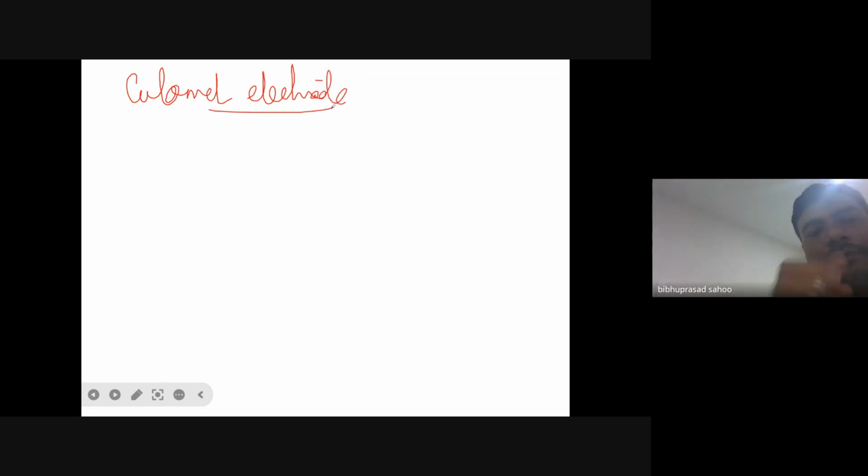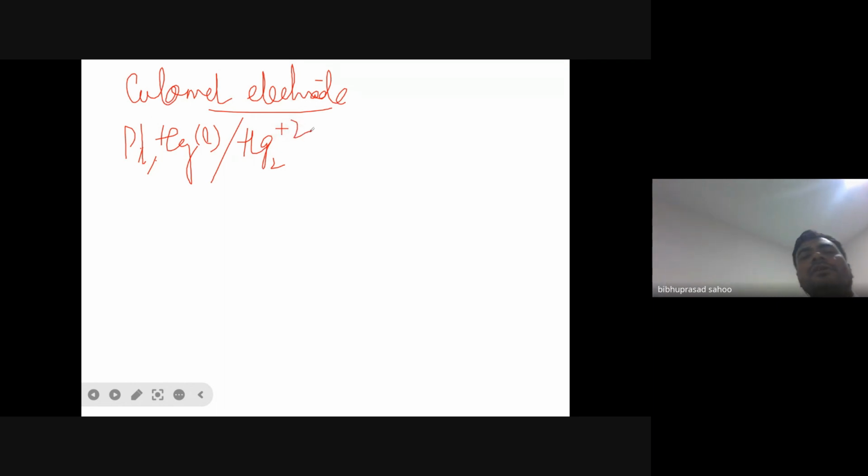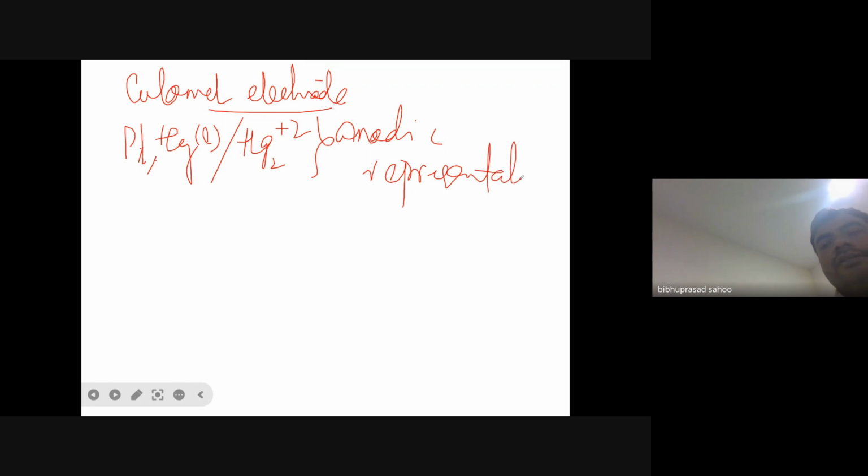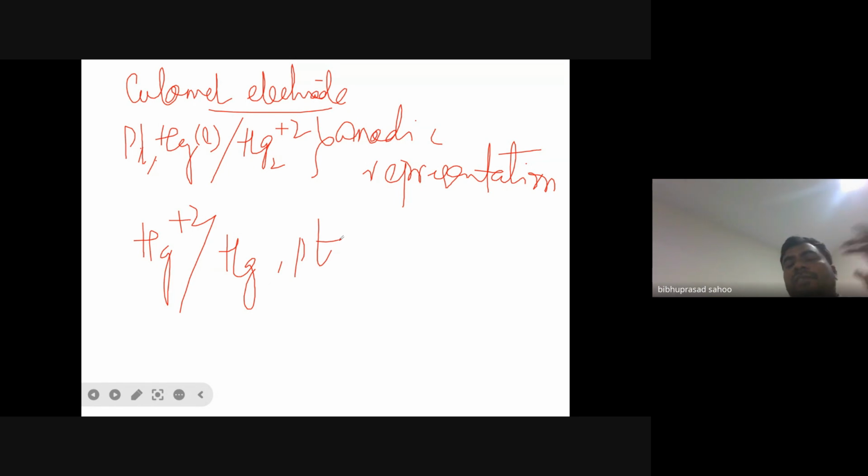Calomel electrode means mercury, platinum, mercury liquid, Hg2 plus. This is the anodic representation, and this is the cathodic representation.